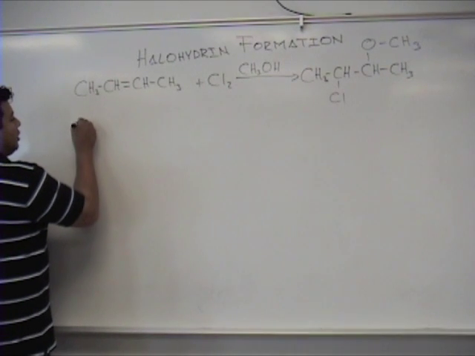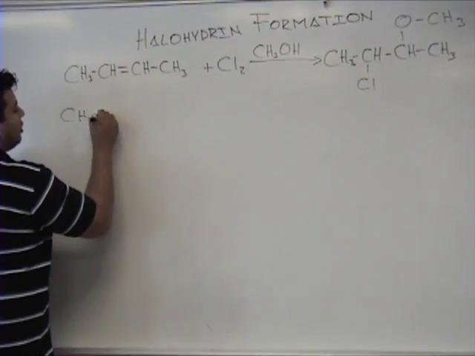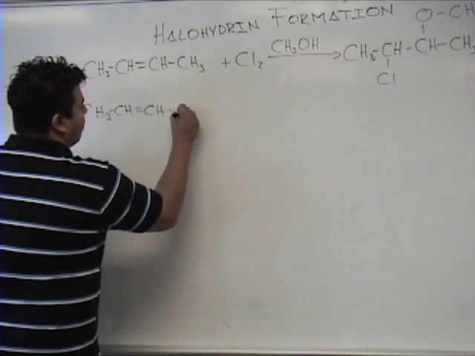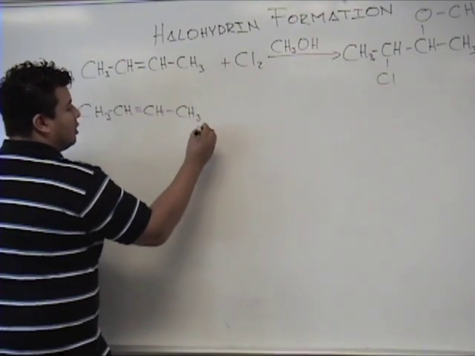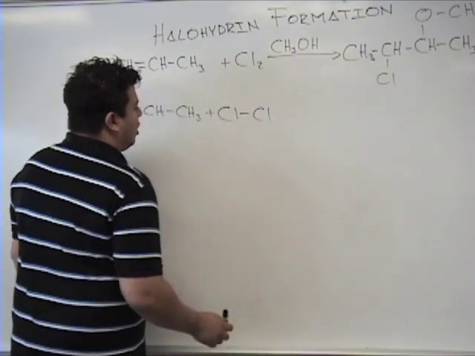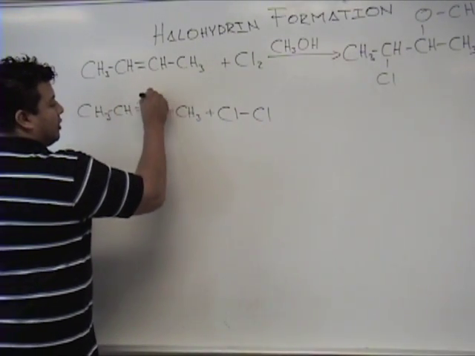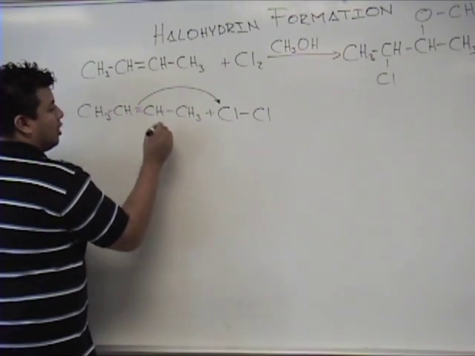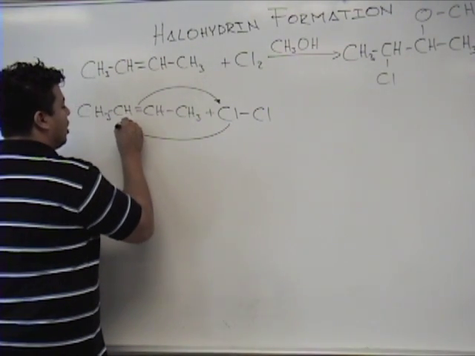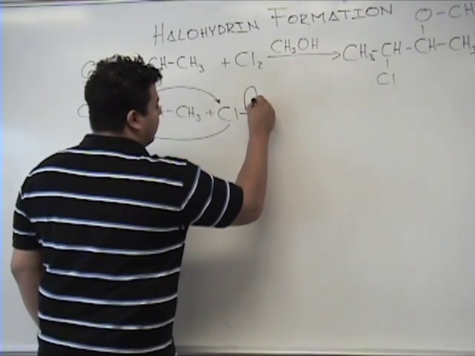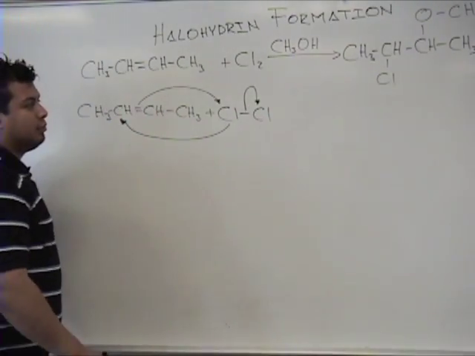We copy this part, CH3, CH, double bond CH, bond CH3 plus Cl. I'm going to write it like this. And then we know a concerted step, this one attacks this Cl right here. The Cl attacks a carbon right here. And this Cl leaves with the electrons.